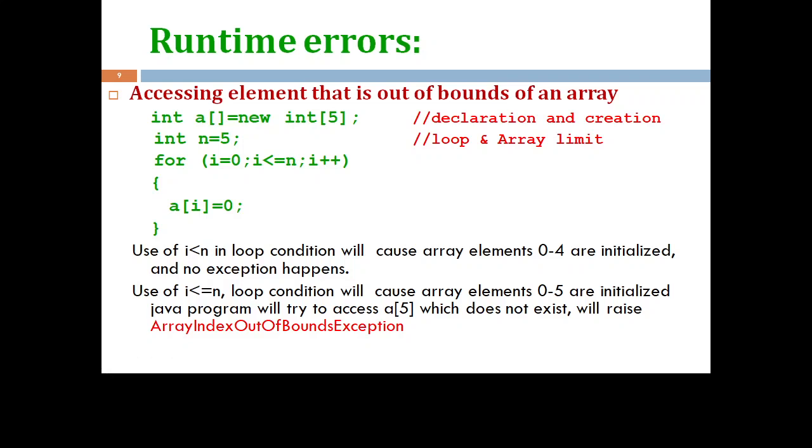So if we are trying to assign 0 to A of 5, that is out of bounds, a non-existing element to which we are going to assign a value. This will cause one more type of runtime error. Java classifies this exception as array index out of bounds exception.